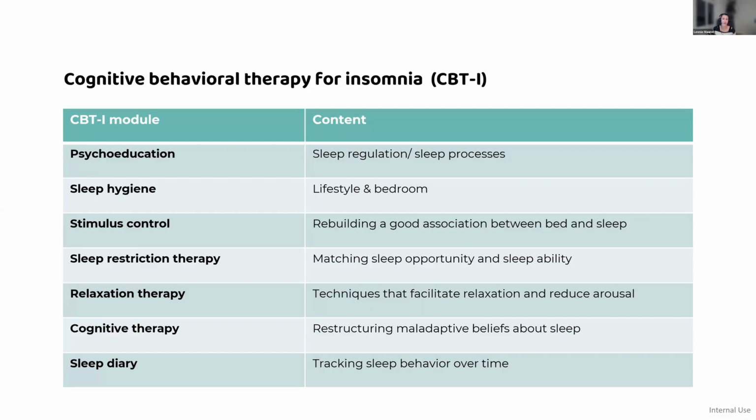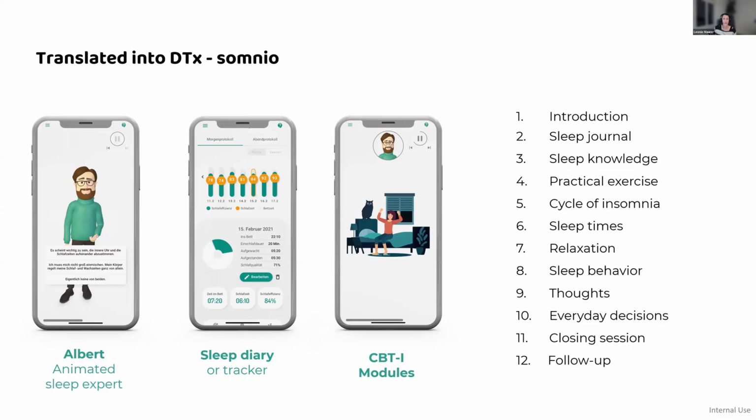And I think based on these components, maybe you can already see that they can actually translate quite well into digital therapeutics. So I will quickly show you this in the next example. I've mentioned already that I will use Somnio as an example for digital CBTI, since this is the product I know best.